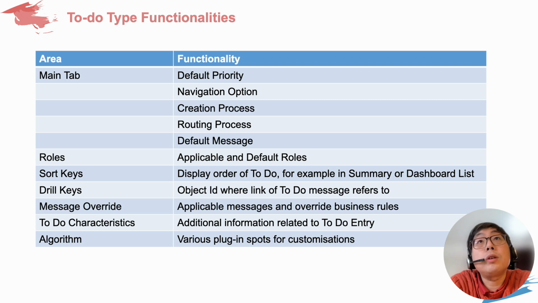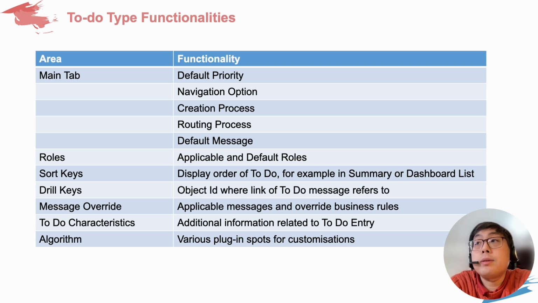The navigation option means that when the To Do is raised, it normally shows an error message, and the error message is a link, and this defines where the link is pointing to. Based on different To Dos, you probably want to link to different objects so the user can quickly navigate through the system to understand where the event happened or the problem to resolve.